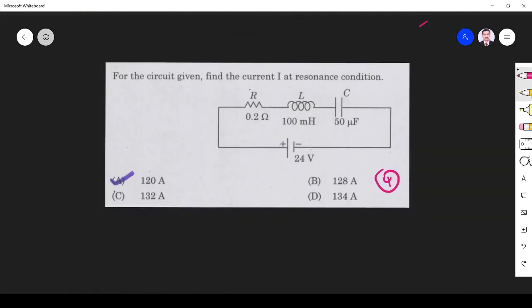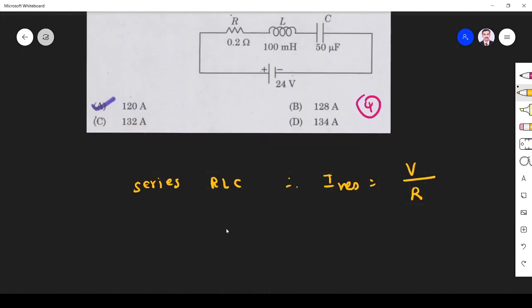Next, for the given circuit, find the current at the resonance condition. It is a series RLC. For series RLC, the resonant current is given by V by R only. Normally I is equal to V by Z, where Z is the root of R squared plus (XL minus XC) whole squared.